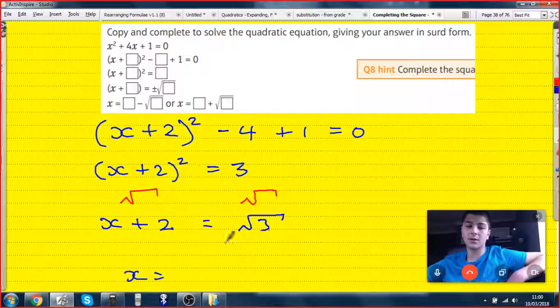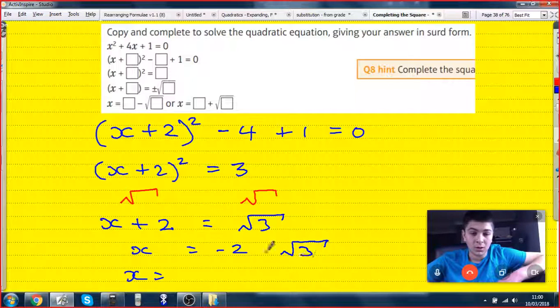Okay. And then x is on its own. So x equals minus 2 root 3. And something's missing. We're missing one answer. Isn't it plus minus? That's right, yeah.